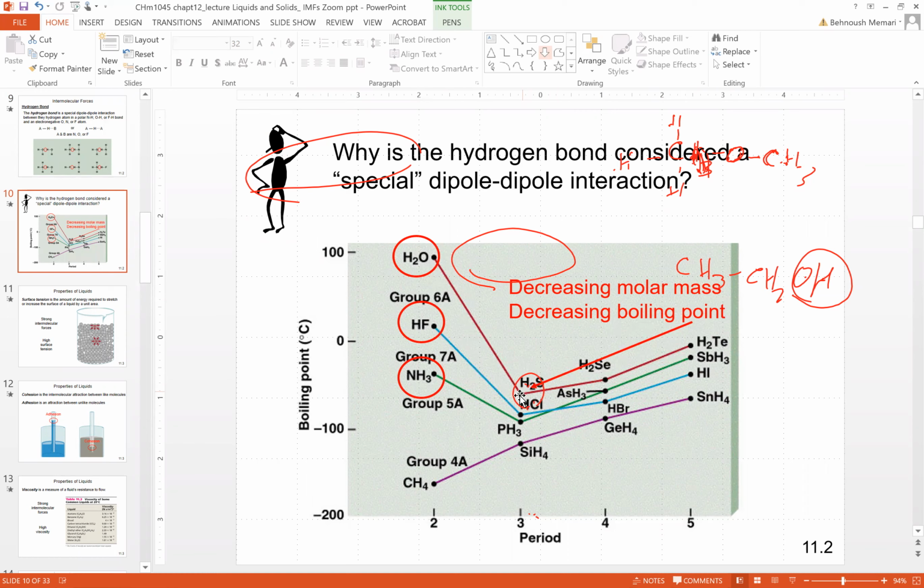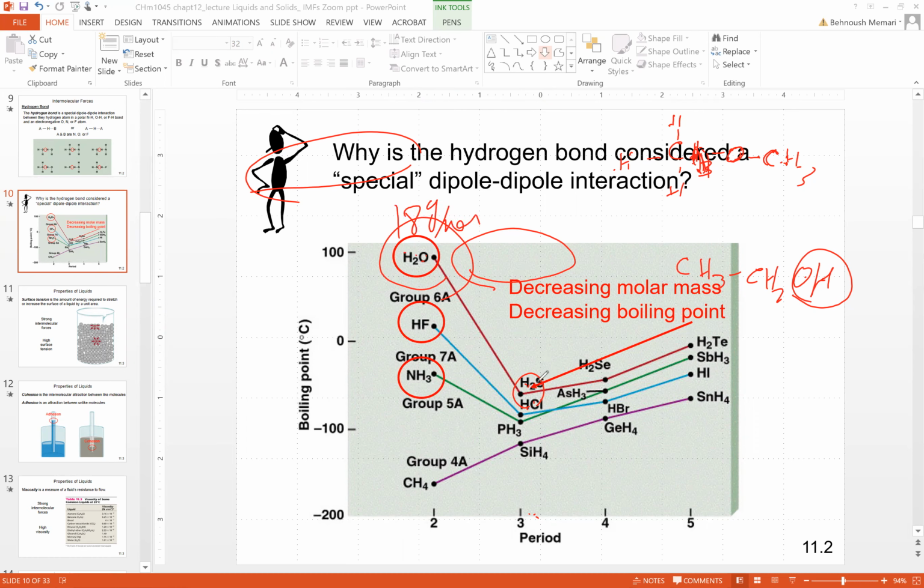See that the boiling point is increasing based on the mass, but you see an unusual pattern here, like H2O is much higher than H2S, even though it's lighter, because molar mass for H2O is 2 hydrogen, 1 oxygen, that's 18 gram per mole.